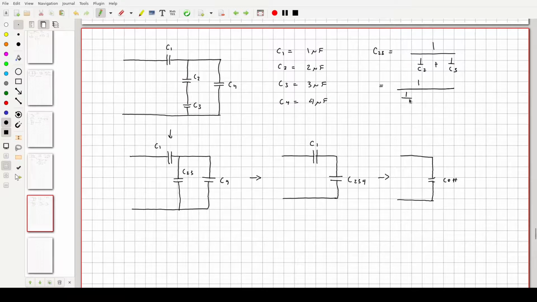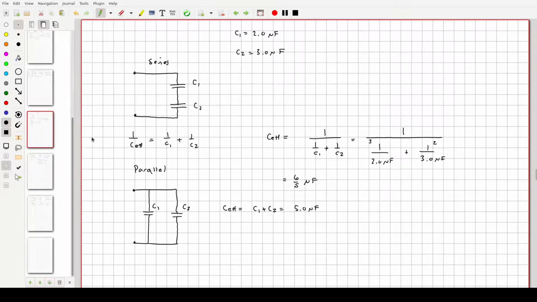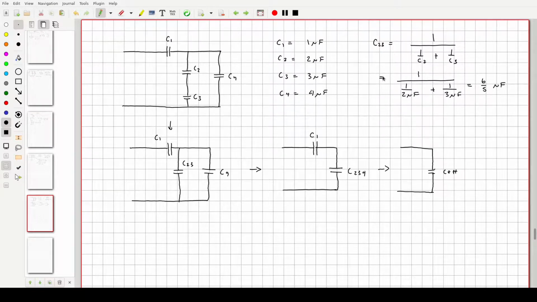I feel like I've done this before. I have. You know, we did it here. We did it here. 2 and 3. So now I have C23.